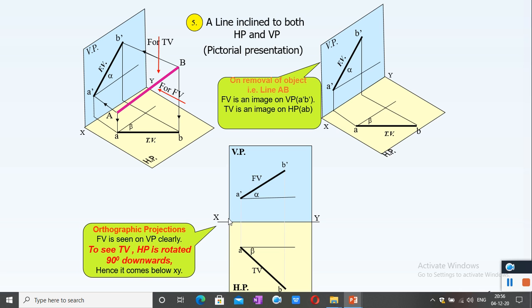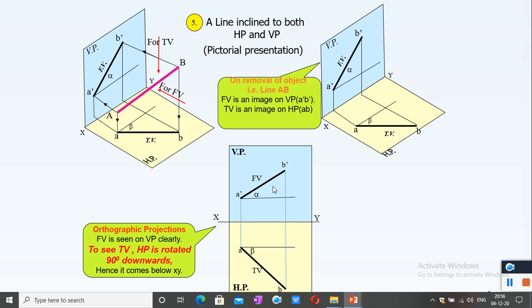In orthographic projection, front view is seen on the vertical plane clearly. To see the top view, HP is rotated 90 degrees downwards. Hence it comes below the XY line. These are the projections. Please note that the final views of the line are marked as thick lines.